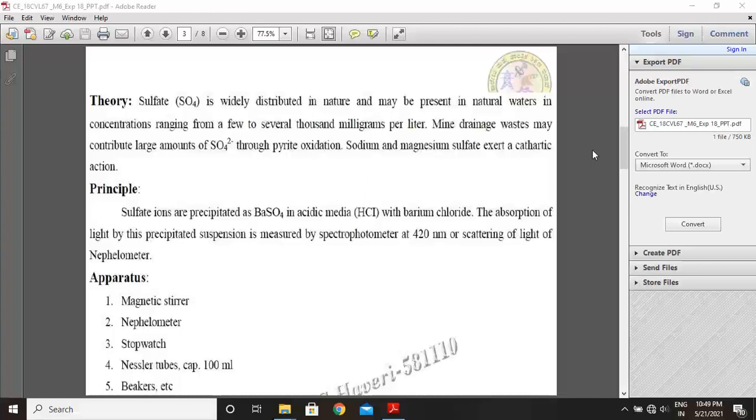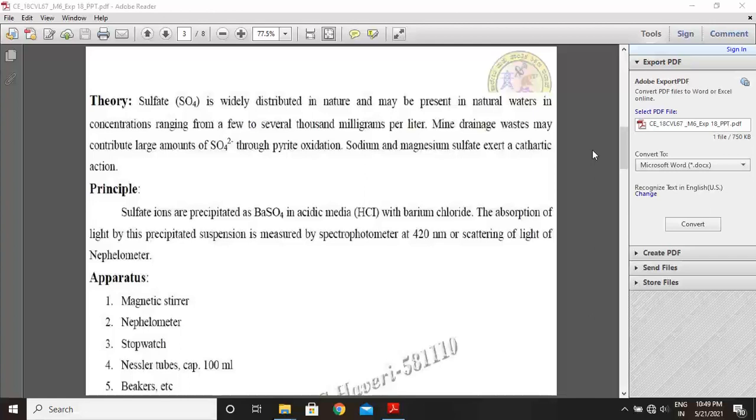Many drainage wastes may contribute large amounts of sulfates through pyrite oxidation. Sodium and magnesium sulfate exert a cathartic action.